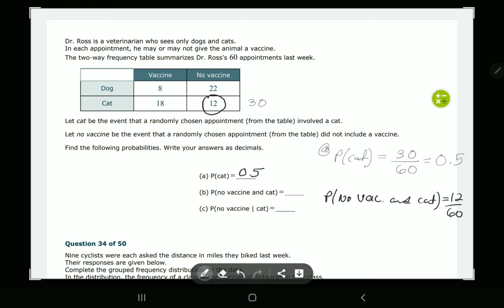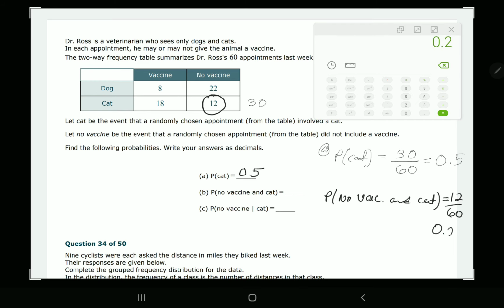I'm going to go into my calculator, and when I divide that, that gives me 0.20. So 0.2. A and B is taken care of.